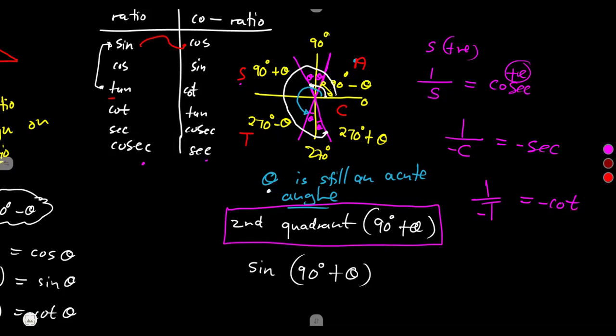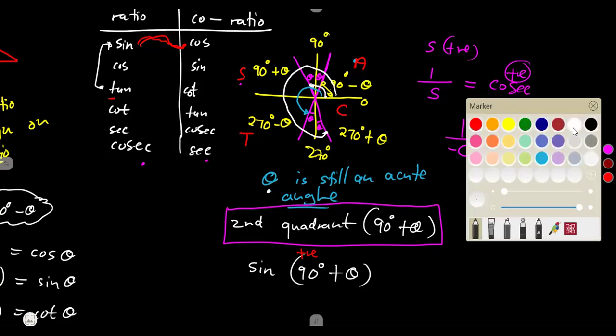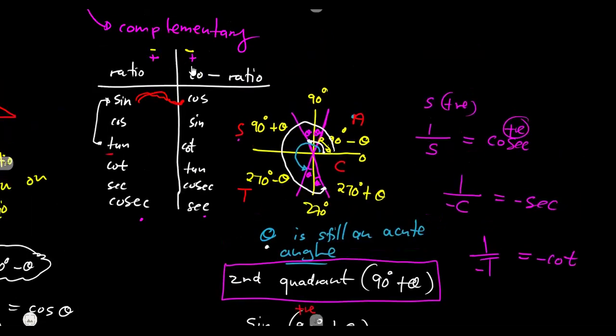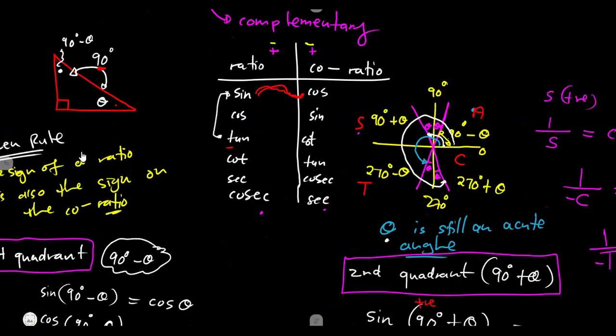We are saying this ratio is positive. Its co-ratio, sine changes to cos. Because the sine is positive, the co-ratio, which is cos, is also positive.